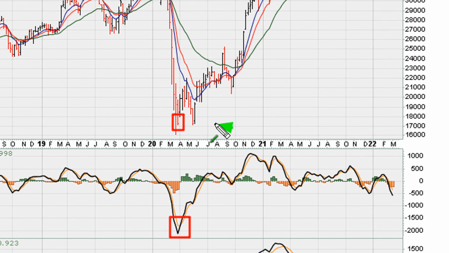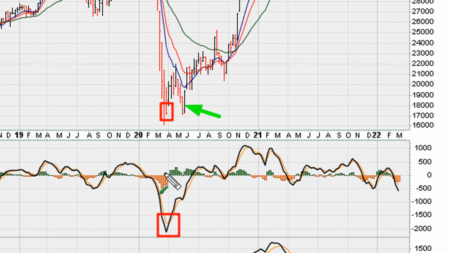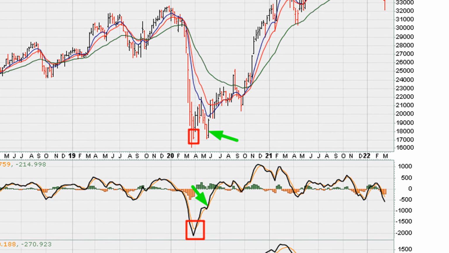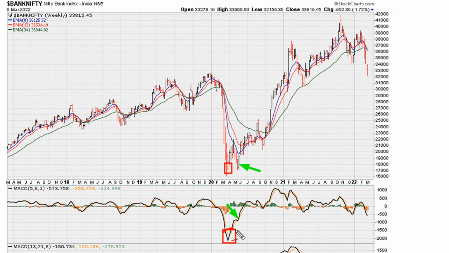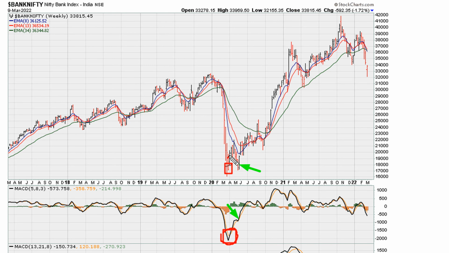Enter here instead, which is this entry right there. This crossover led to this movement down and a retest, while this crossover led to this immediate recovery, and prices have never looked back.